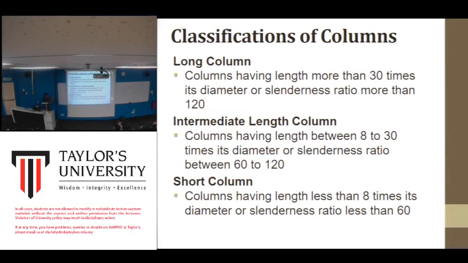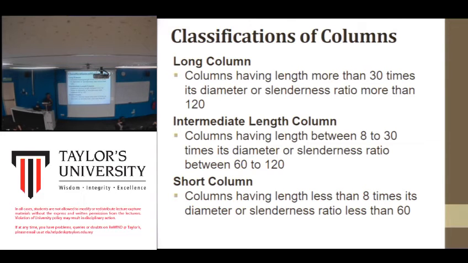When you compare the height with the diameter and the height is more than 30 times the diameter, then you can classify it as a long column. So it does not depend on the measurement of the column itself. The measurement can be short, but if you compare it with the diameter and get more than 30 times, then you can consider it a long column.